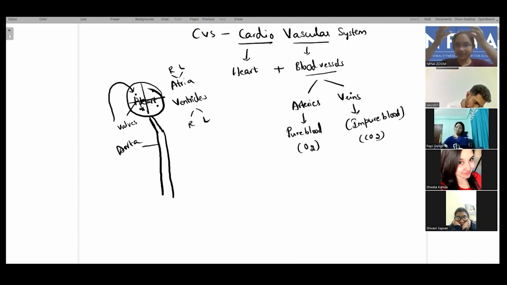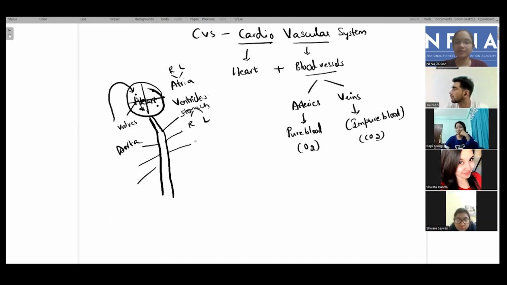From this big trunk, imagine this as a trunk of a tree, now this has different branches. One branch will be supplying to stomach, one to kidneys, one to liver, one to the excretory system, digestive system, everything.